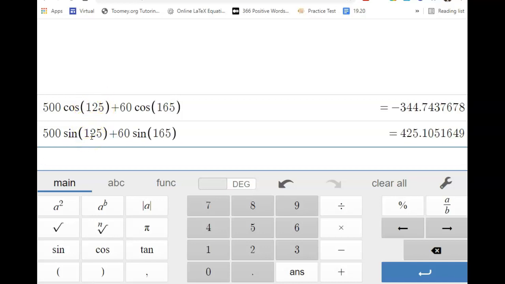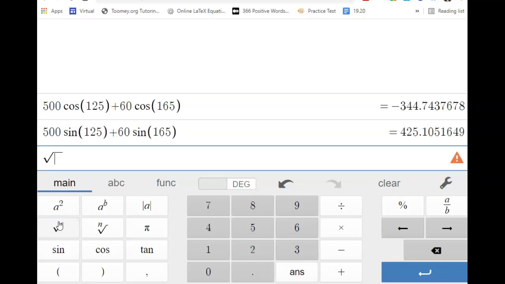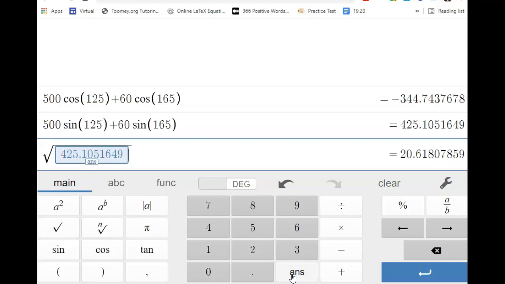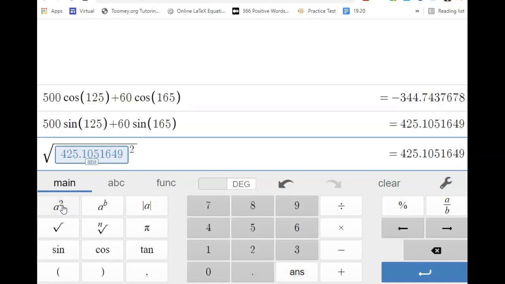So when I want to take the answer, if I hit the answer button right here, that's going to give me this last answer, this 425. So basically I need to square both of those answers, add them together and take the square root. So I'm going to have the square root of the last answer, that 425, squared, plus I also need to take this answer right here and square it.